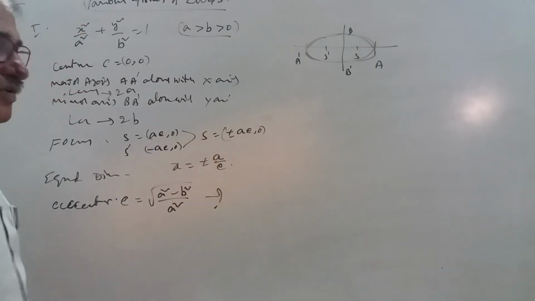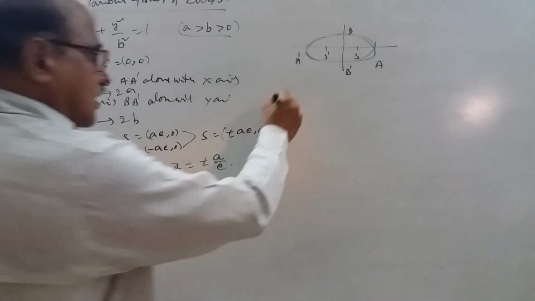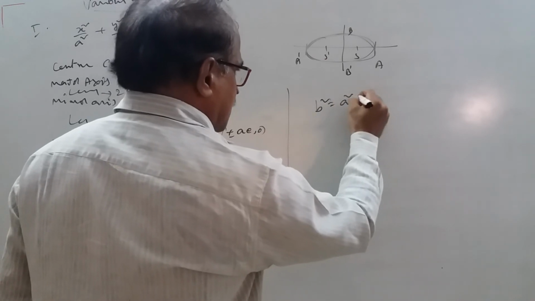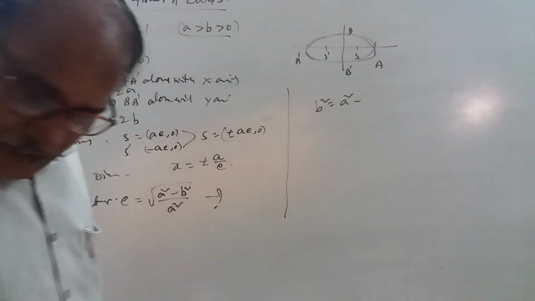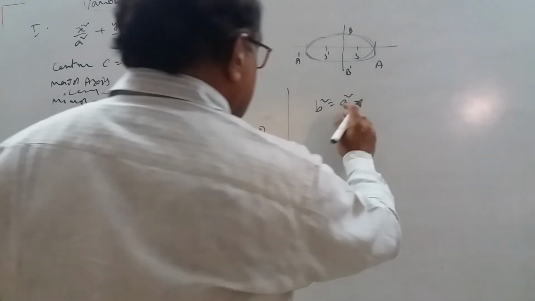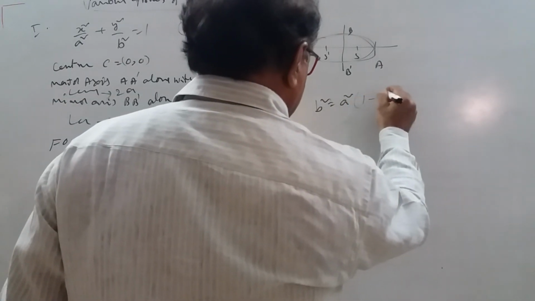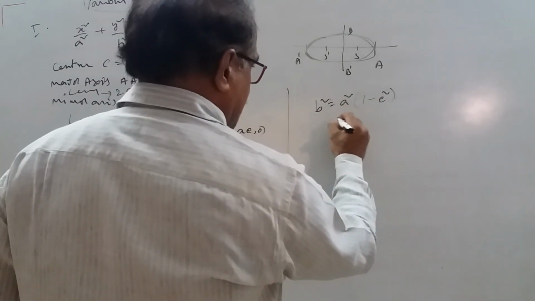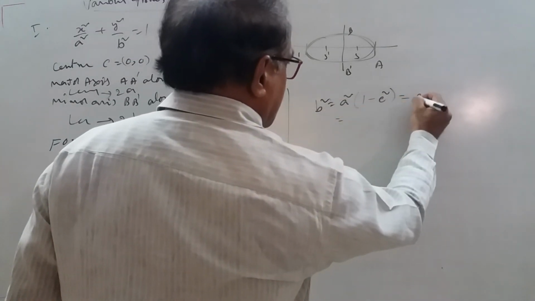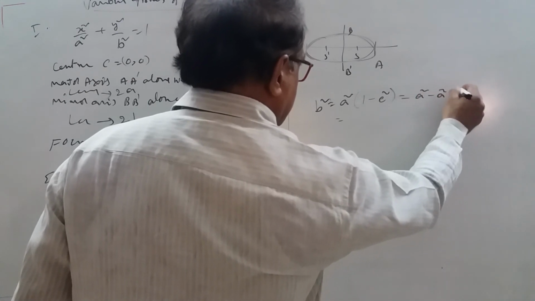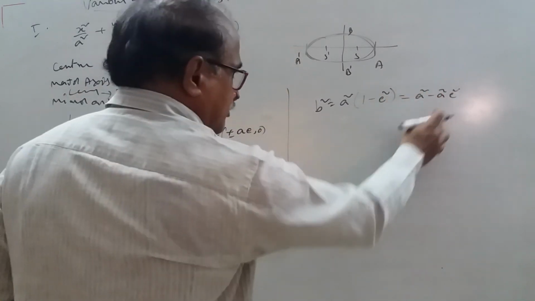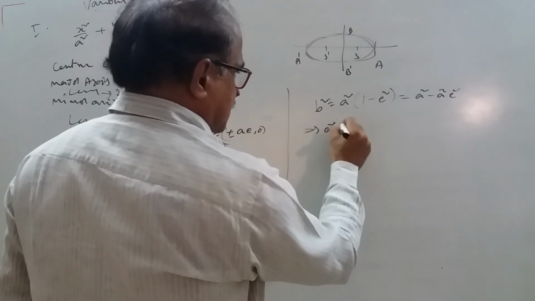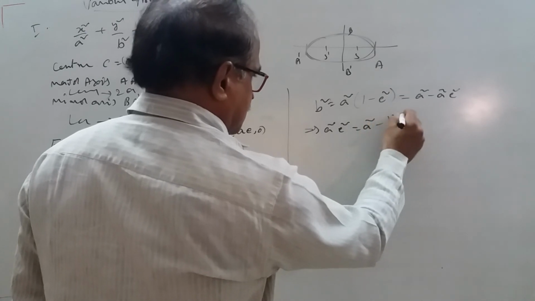Why is it so? We have to prove this. In standard form, we take b square is equal to a square into 1 minus e square. If we simplify, that implies b square is a square minus a square e square. Taking the subject, a square e square is equal to a square minus b square.